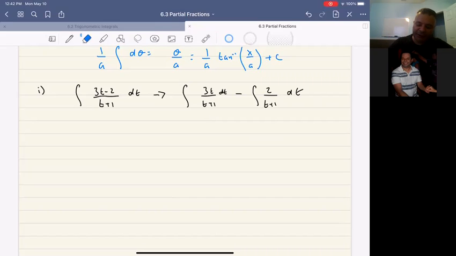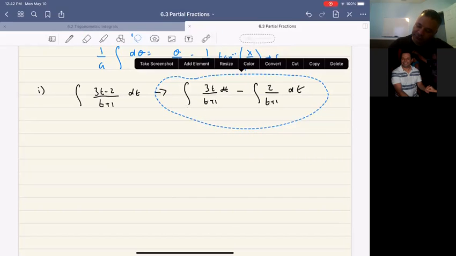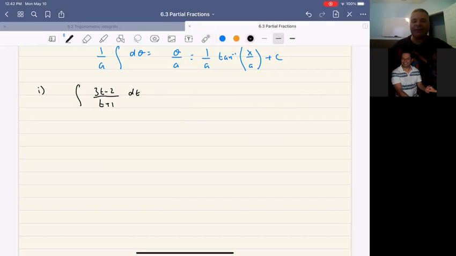So let's go back. What we're going to do is, if the degree of the numerator is bigger than or equal to the degree of the denominator, we're going to first start with some division.